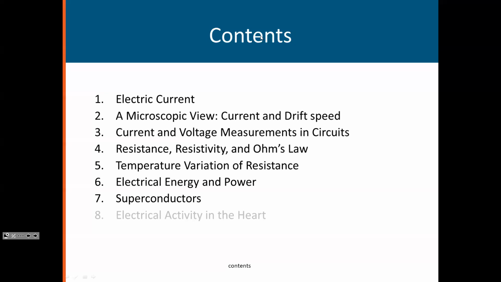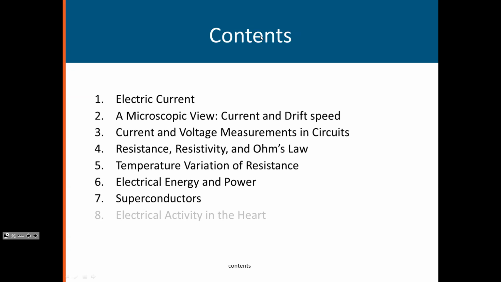Topic 2, section 2, a microscopic view, when you go to the small scale and see what is a current and how it is related to the motion of the charges or the drift speed of the charges. And section 3, we will talk about measuring current and another thing called voltage in electric circuit, how we measure them in a circuit.